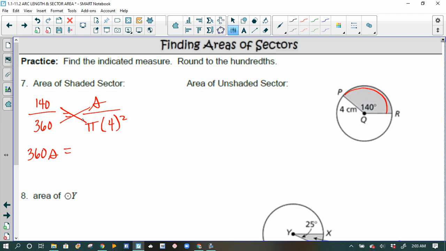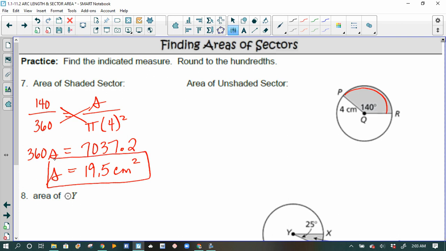So 140 times pi, parentheses 4 squared. So that would be 7037.2 and divide by 360. So 19.5. And that would be centimeters squared. So the area of the shaded part right here is 19.5.